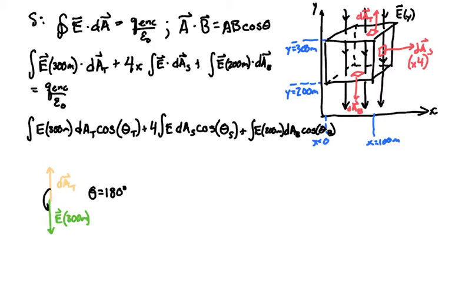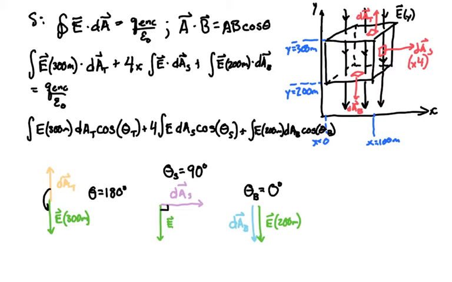All right, now I want you to pause the video and do the same vector diagram for our side, just one side, and our bottom. And I will see you in a minute or two. All right, welcome back. You may not have been able to use fancy colors like me, but hopefully your vector diagrams look similar.